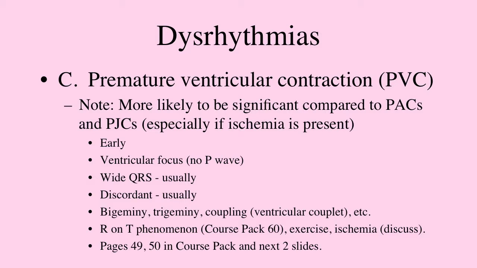If you look at page 49, at the top there's normal beat, normal beat, normal beat, and then PVC. A good example of that: very wide, early, no P wave, and then you go back to normal from there. On the next strip, you have a large number of PVCs, and one thing about these is they're fairly easy to see.